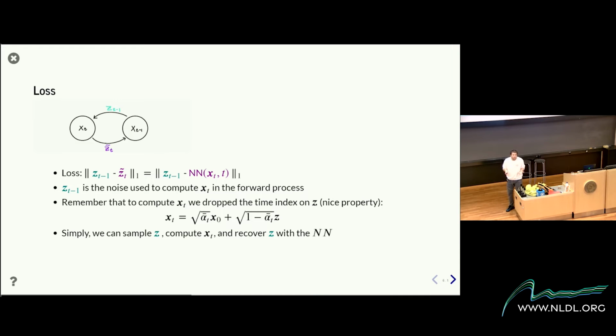X0 was our original image, which just comes from our dataset, so we know that too. And this is another term that we know. And then Z is some value that we just extracted, okay? So simply, we can sample Z, compute x of t, and then recover Z with a neural network, okay? It's something really simple that we do for training.